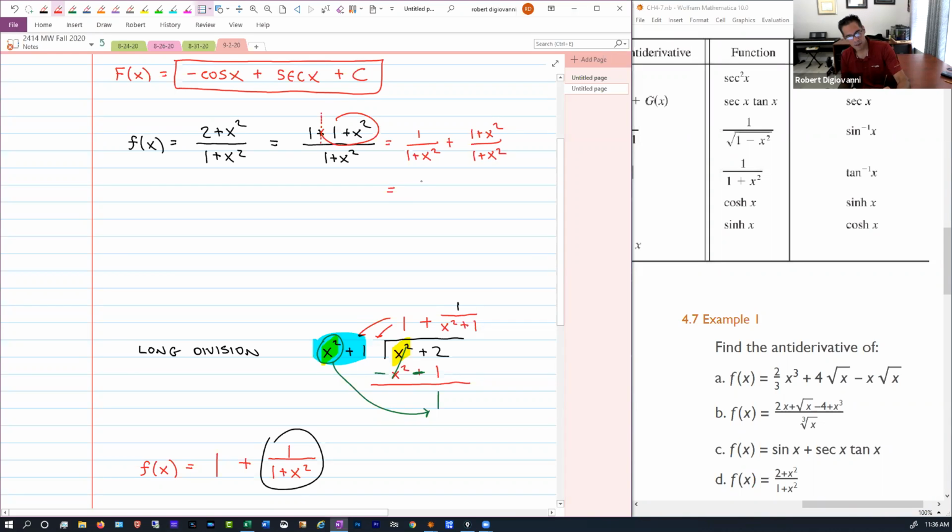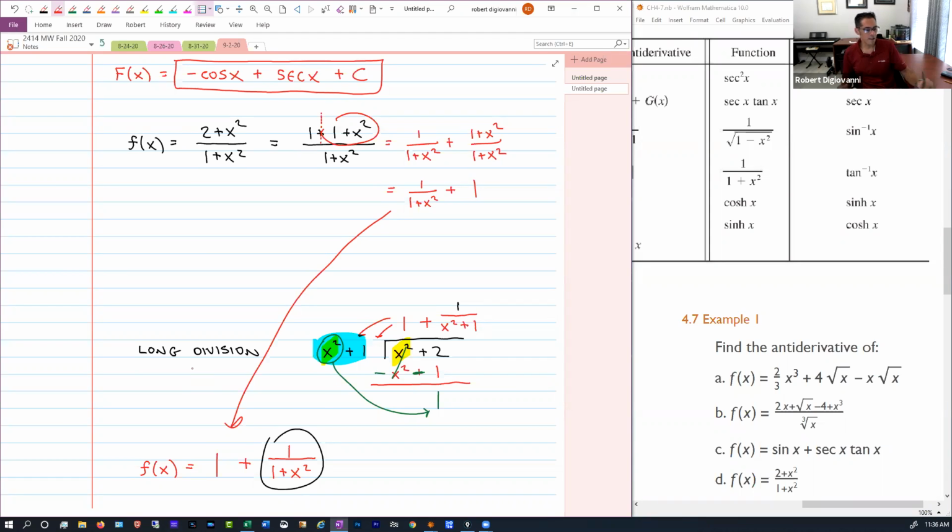What I get at the end is 1 over 1 plus x squared plus 1, which is exactly what we had a second ago, right? And then I can find the antiderivative. And I didn't need long division for that. That's just clever, right? Not every problem would work out that way. This one, it does.